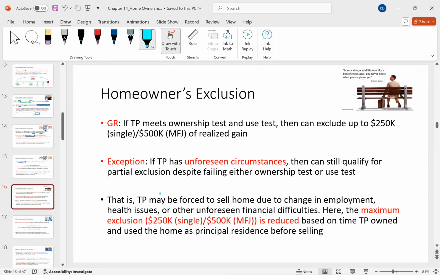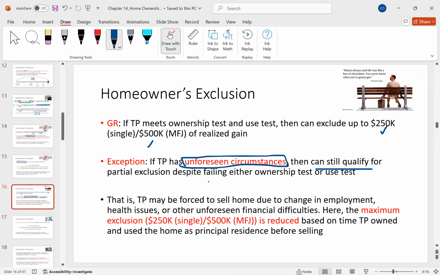The second modification here is going to be unforeseen circumstances. So yeah, again, 250 and 500 are the general rules. However, if we have unforeseen circumstances, we can still qualify for the exclusion despite the fact that maybe we did not meet the ownership and use test.